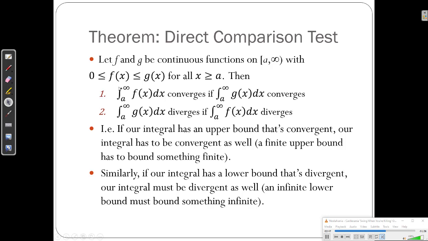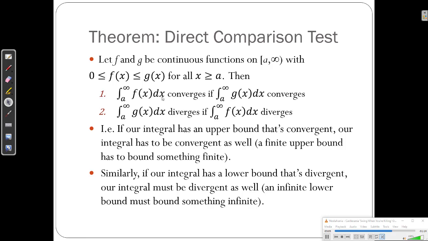Similarly, if the integral of f is infinite, because it bounds g below, g has to be pushed to infinity as well. There's no way for it to be bounded below by an infinite integral and not be infinite itself. So that's what we're doing here with the direct comparison test.